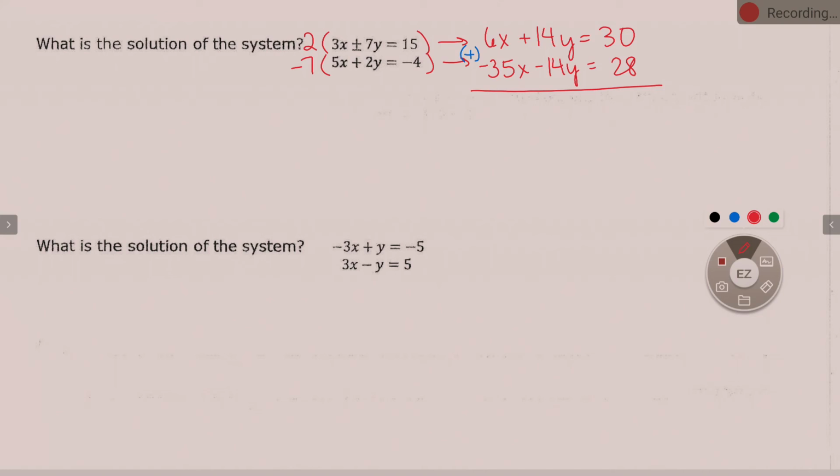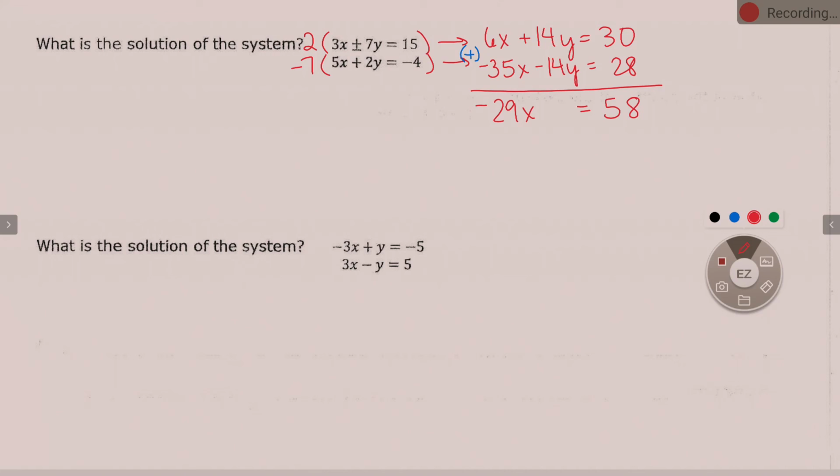6 plus negative 35 is negative 29x. 14y plus negative 14y cancel. 30 plus 28 is 58, easy adding.